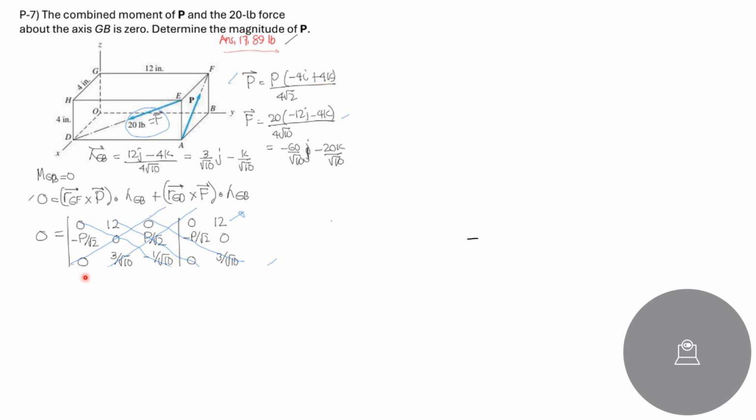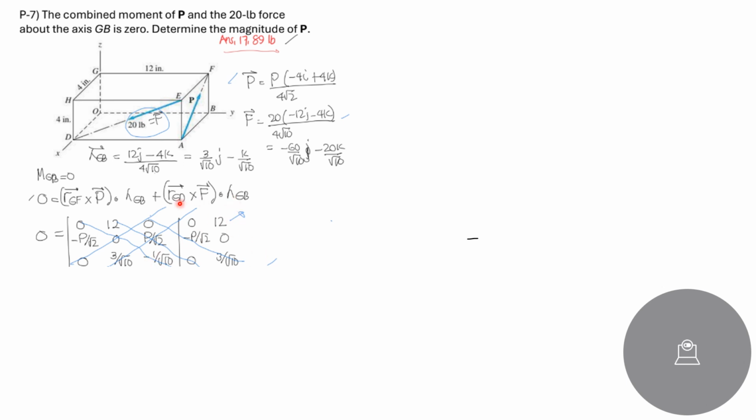Then for the unit vector of GB, 0i, 3 over square root of 10 j, negative 1 over square root of 10 k. Then we copy the elements of the first two columns. So this product is 0, 0, 0, minus 0, minus 0. Only this diagonal has product.